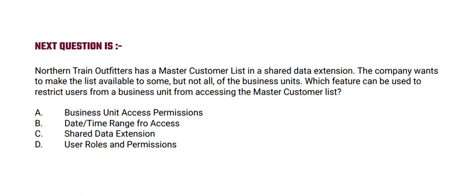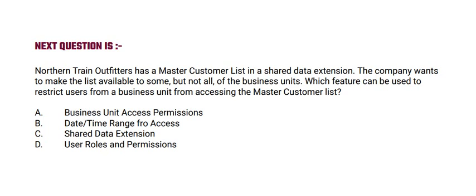Next question is, Northern Trail Outfitters has a master customer list in a shared data extension. The company wants to make the list available to some but not all of the business units. Which feature can be used to restrict users from a business unit from accessing the master customer list?